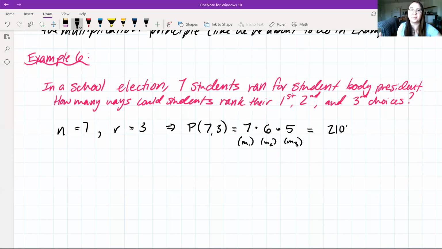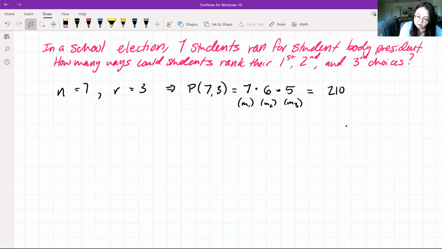But in some cases with permutations, you're going to have much larger numbers, and you just don't want to calculate that. You don't want to do 7 times 6 times 5 and go down and down until a certain number of values. So that's why we use our permutation formula, because these are going to get much bigger, messier.